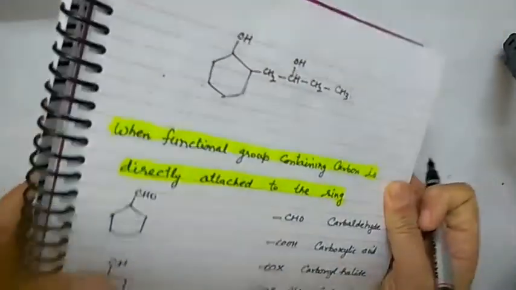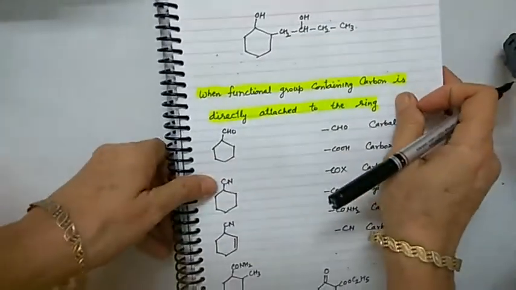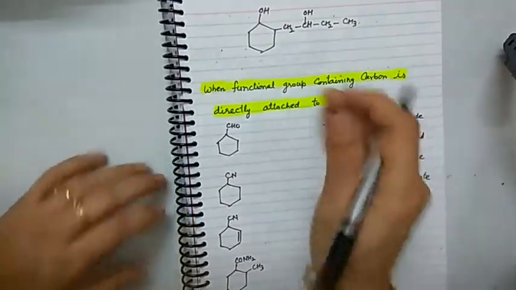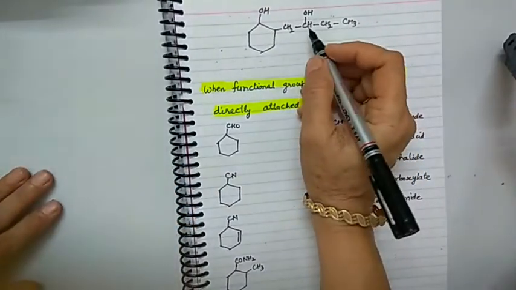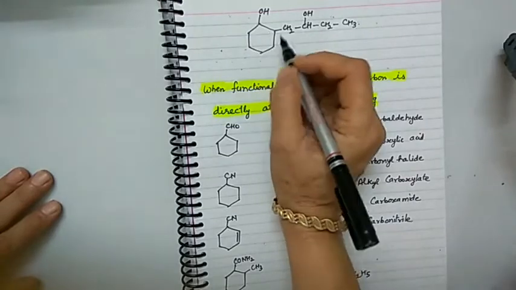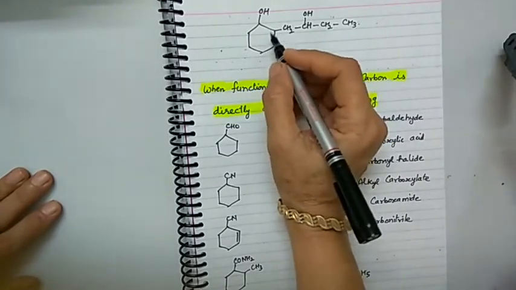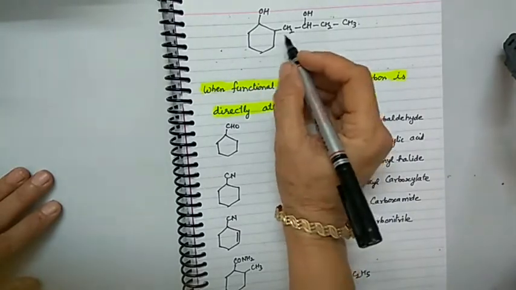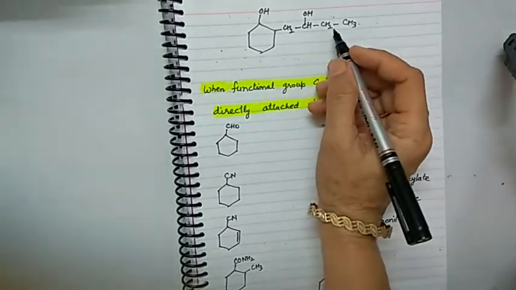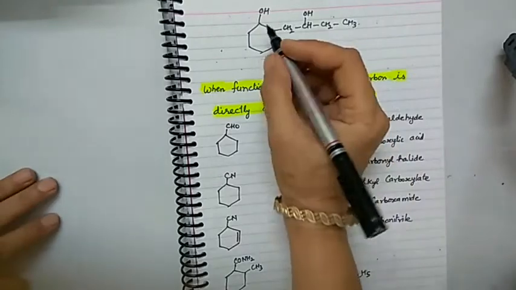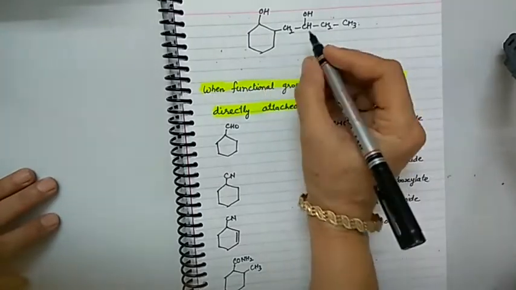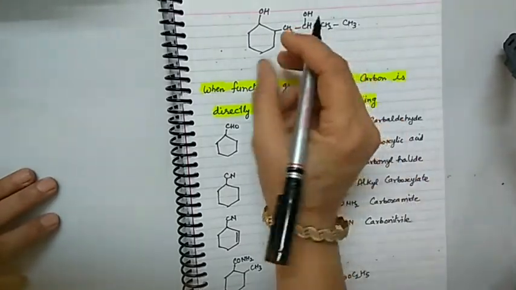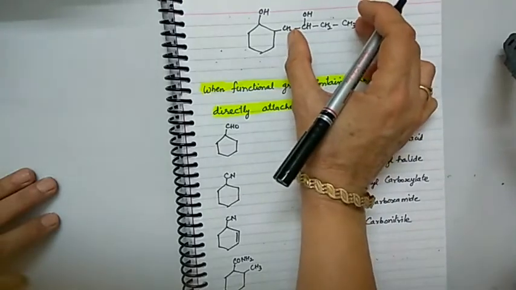Let us take this example. When two similar functional groups are present, then what to do? Then we count the number of carbon atoms. The part which is containing more number of carbon atoms is considered as the parent, and the rest of the part is considered as the side chain or substituent. So here in the ring there are 6 carbon atoms, here there are 4 carbon atoms, so it is considered as substituent.